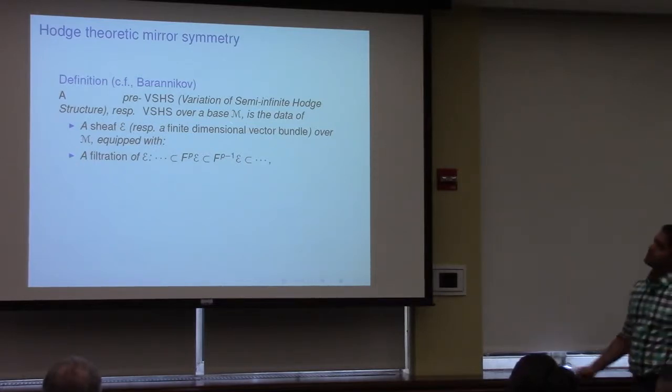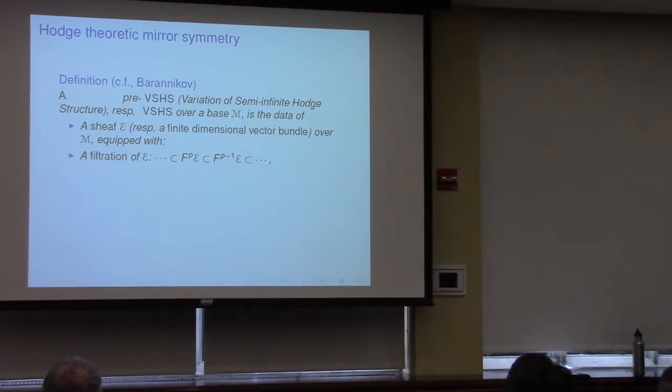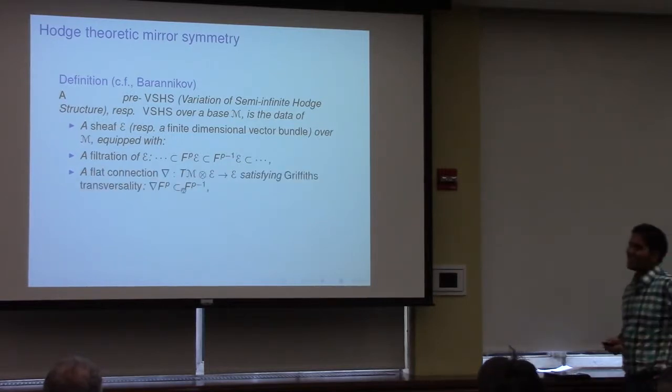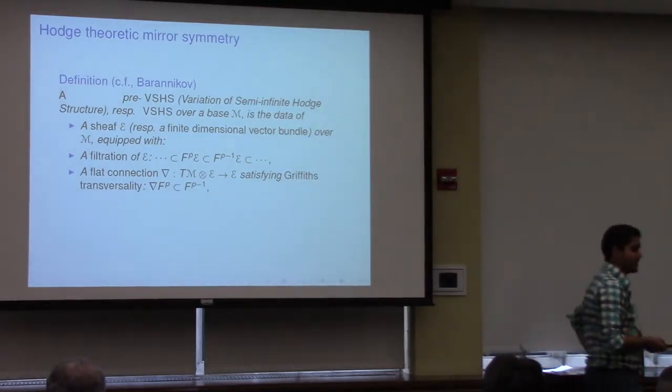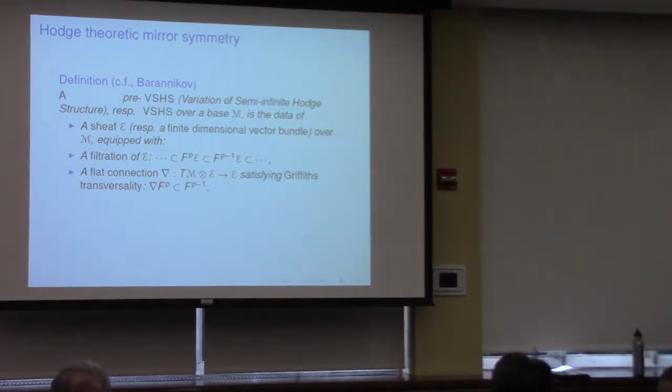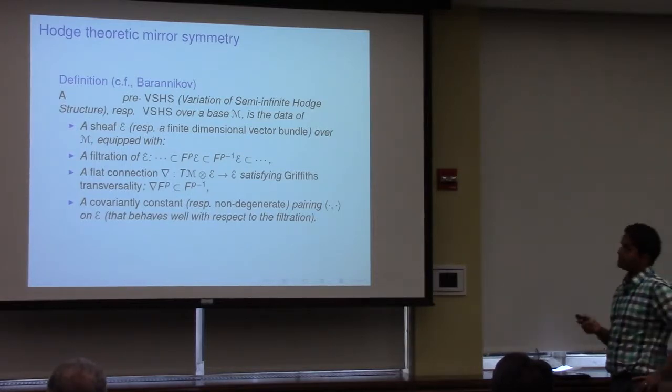It's the data of a sheaf over this punctured disk, equipped with a filtration, which you should think of as being like the Hodge filtration. It should be equipped with a flat connection that satisfies Griffiths transversality with respect to this filtration. So it looks a lot like a variation of Hodge structures at this point. And it should be equipped with a covariantly constant pairing that behaves well with respect to this filtration. I won't go into the details about that.